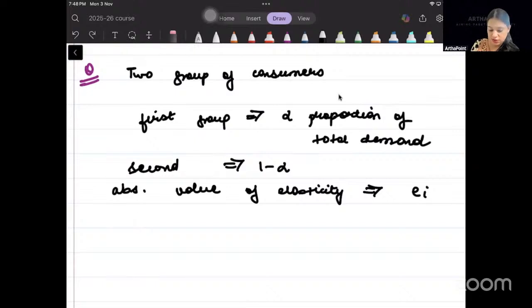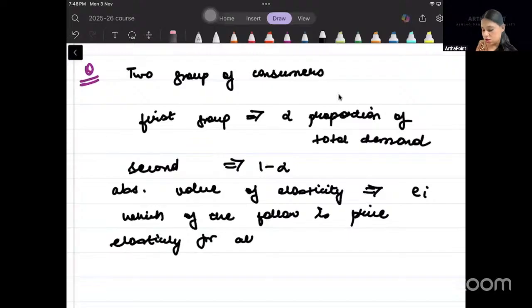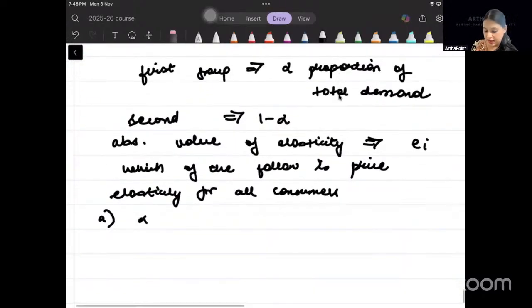Now tell me which of the following is the correct formula for price elasticity for all consumers. A, alpha (E1 minus E2) plus E2.